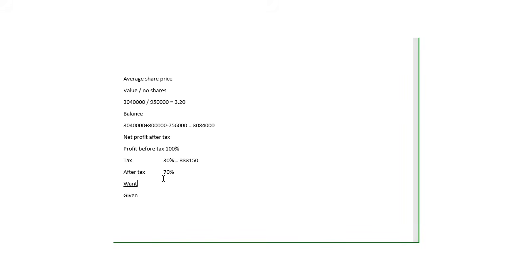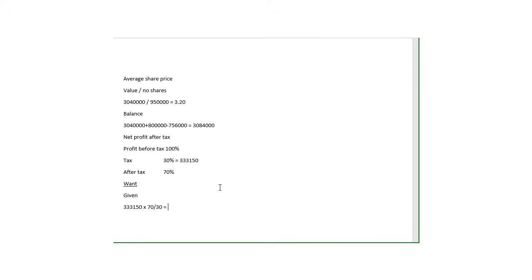What is given? 30%. So the amount that is given is 333,150. If I multiply that by what I want, which is 70, divided by what is given, which is 30, I will get the total amount of what I want.